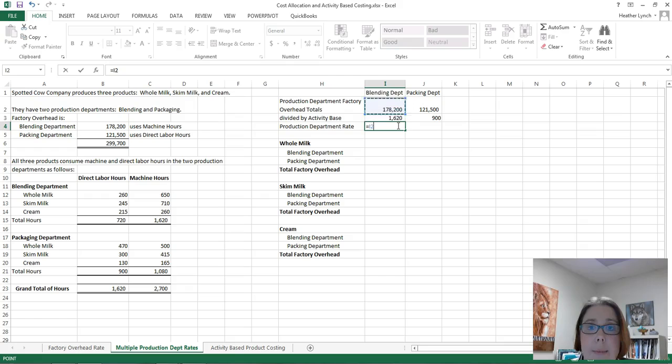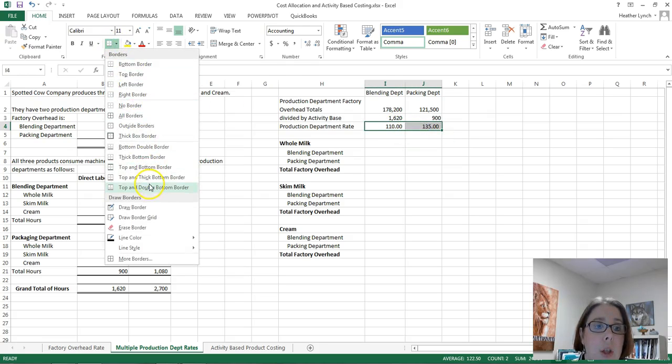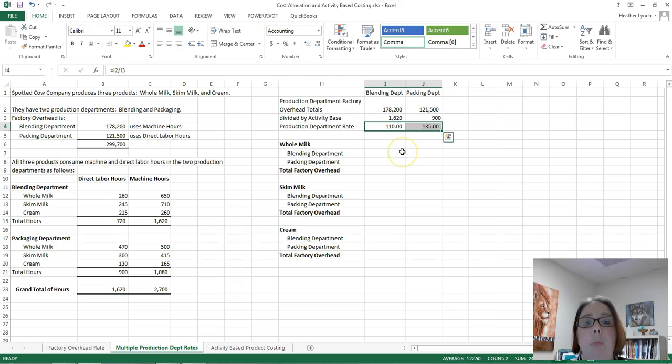So I can take this, my $178,200 divided by my 1620, and that's going to give me their rate. And I'm going to do the same for the packaging.